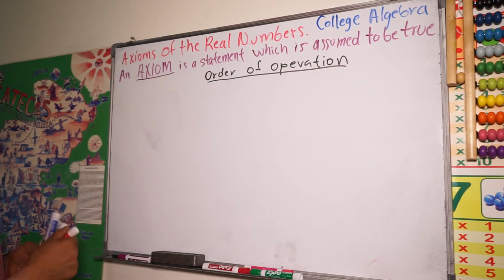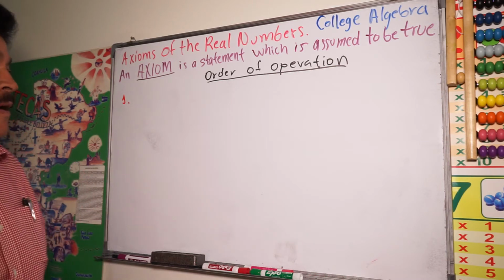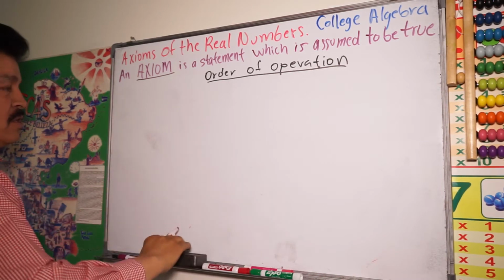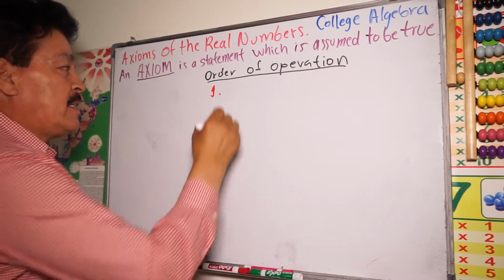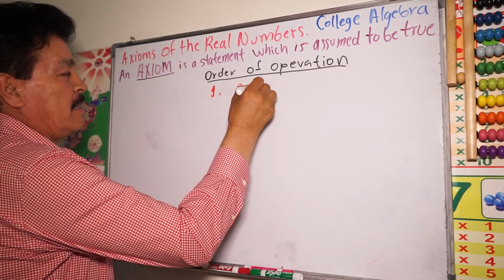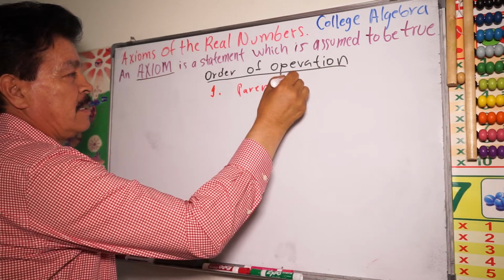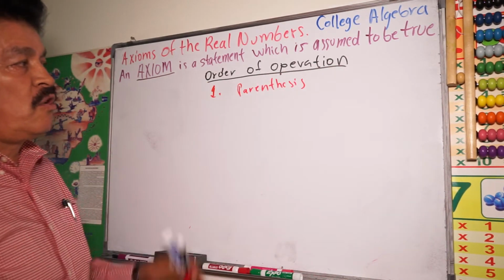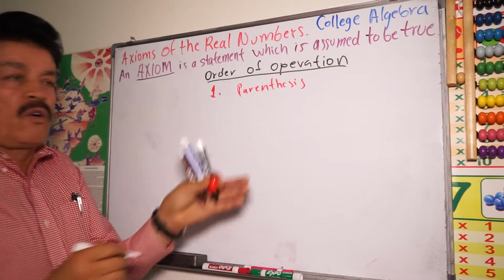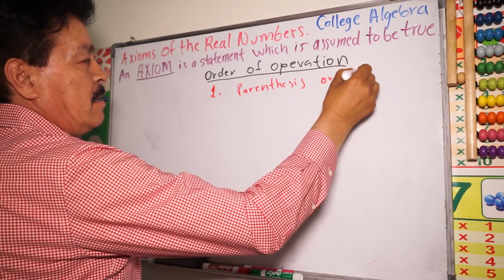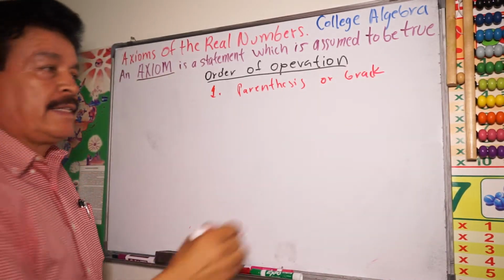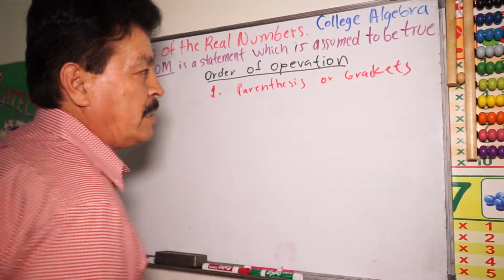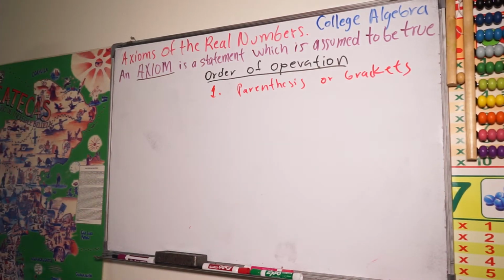Number one step, let me write those steps right here. The number one thing you have to do is solve parentheses. Okay, when you have order of operations, solve parentheses or brackets.